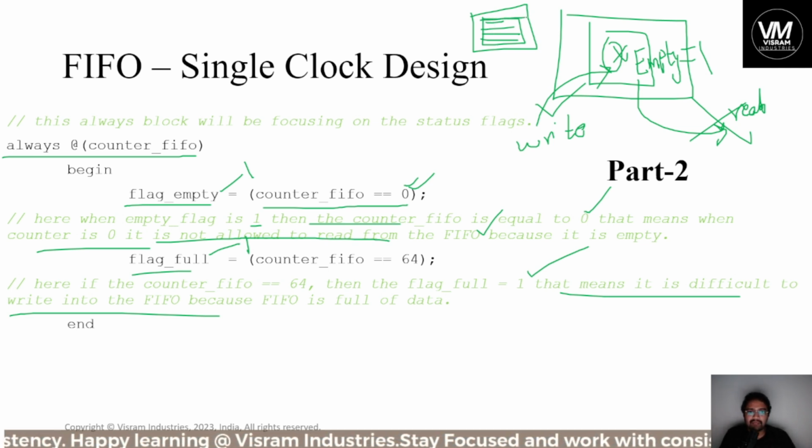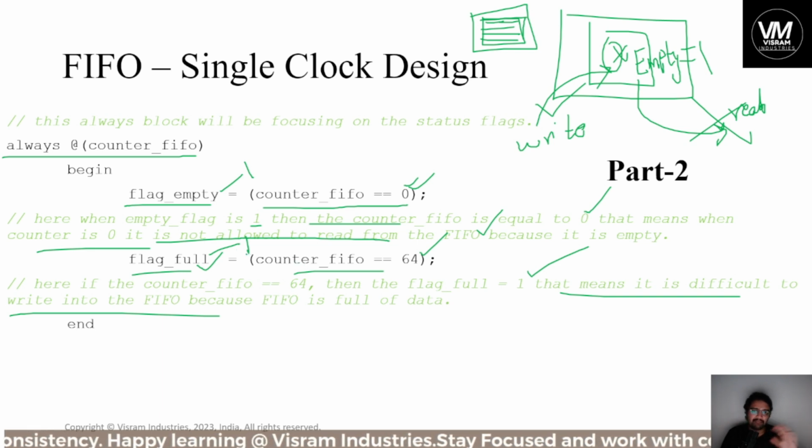Your EDA tool or any other thing will pop up saying this entire memory RAM is full. So full will be acknowledged only if counter FIFO reaches 64. At that time we can only read from it, but we can't write. So that is the overall meaning of full and empty.